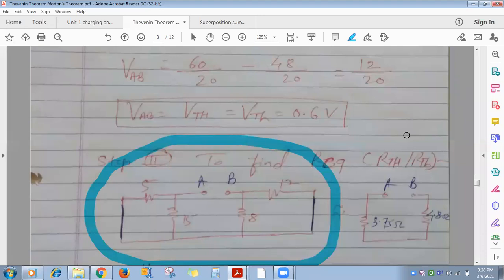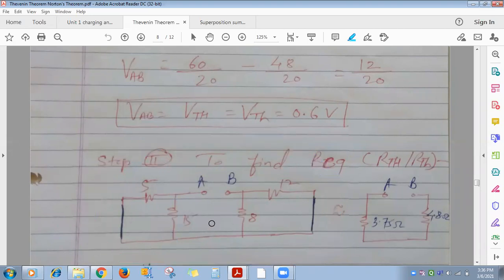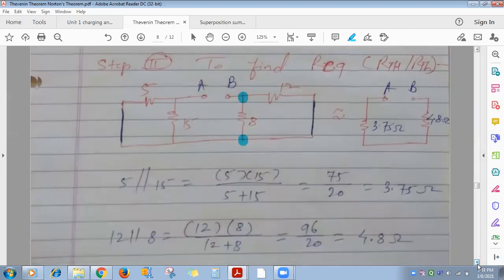Done, ma'am. Okay. Now if you observe here, across these two nodes, 5 and 15 ohm are connected in parallel. Similarly, on this side 8 and 12 are in parallel. So find out the equivalent.